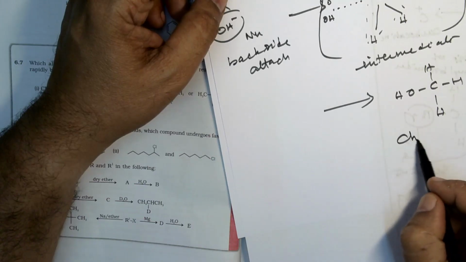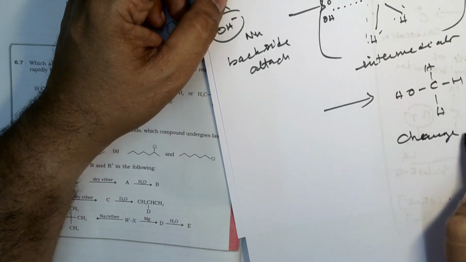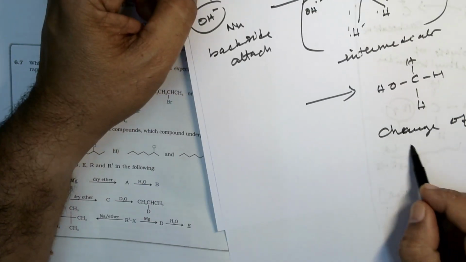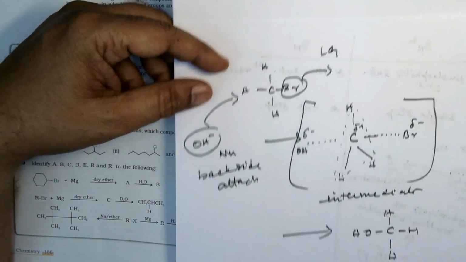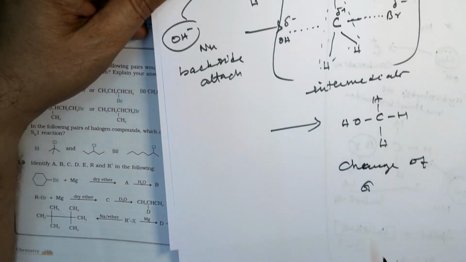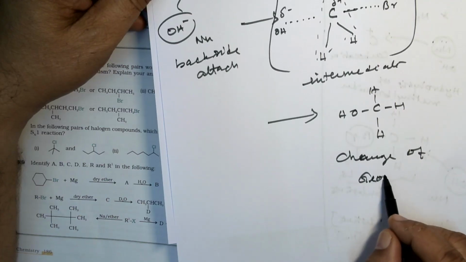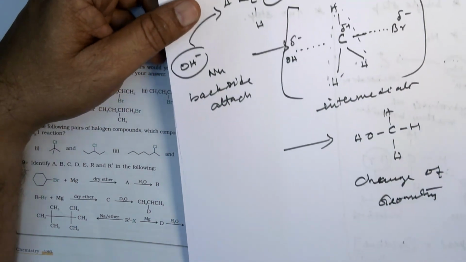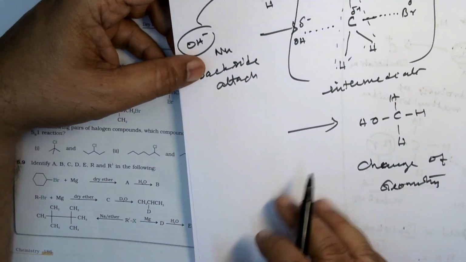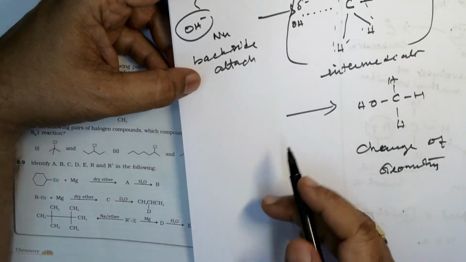And there is a change of geometry also. So these things should be noted down. Change of geometry. Right, so that is because of the SN2 mechanism.